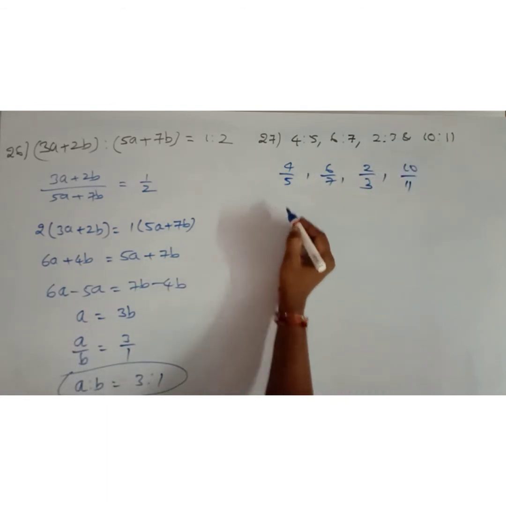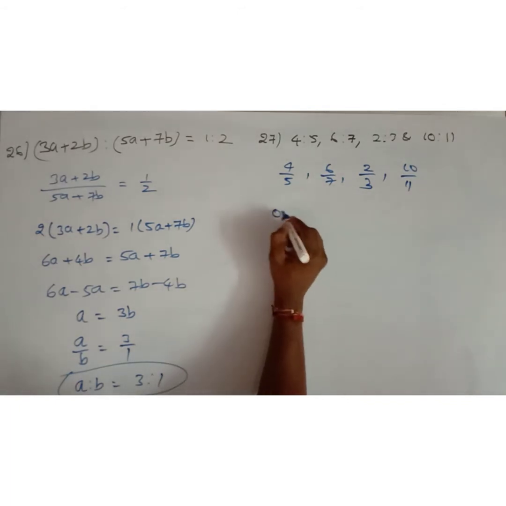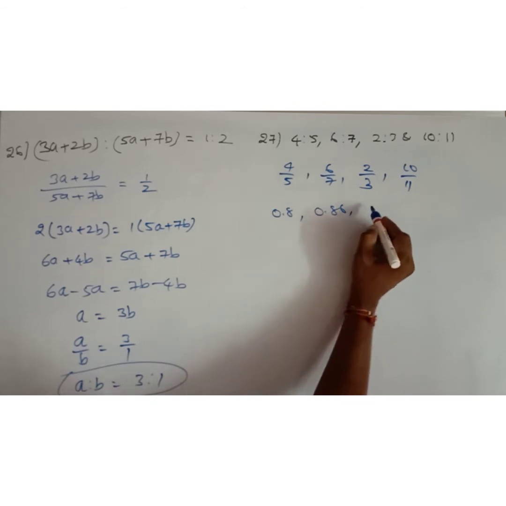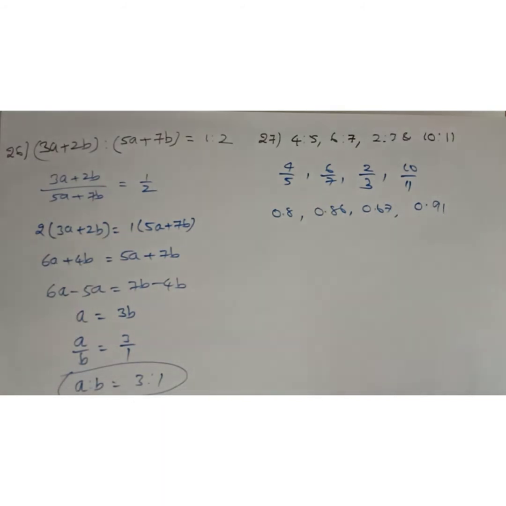Now 4 by 5 value is how much? 0.8. 6 by 7 value is 0.86, comma 2 by 3 value is 0.67, comma 10 by 11 value is 0.91.